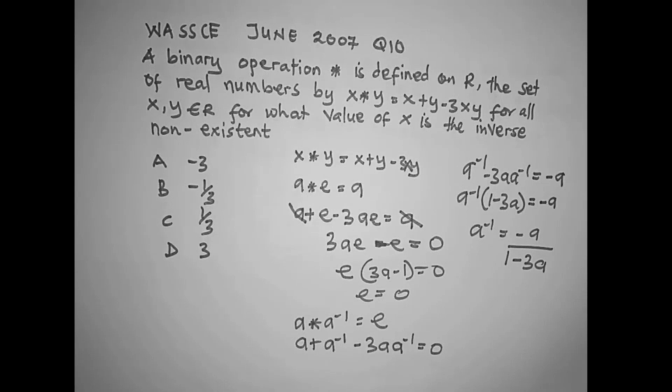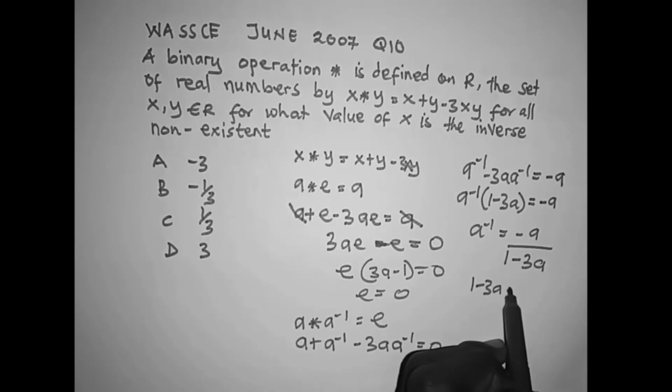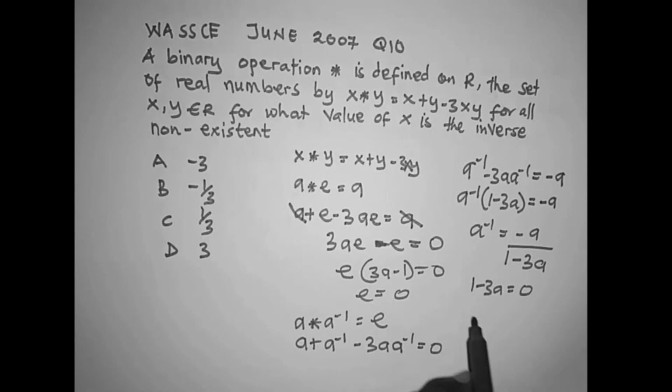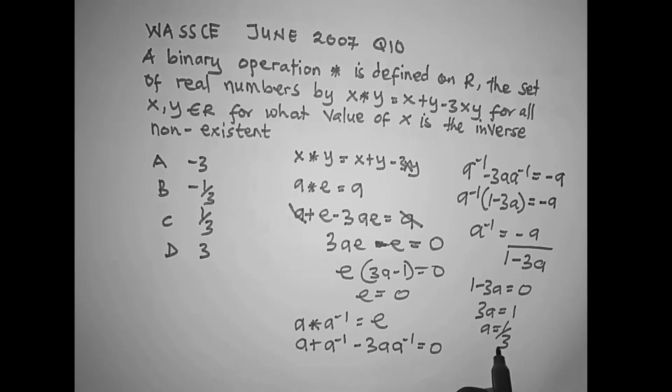That is the value of A inverse. Now, for what value of A will the inverse be non-existent? This will happen if and only if 1 minus 3A is equal to 0. So 3A is equal to 1 and A is equal to 1 over 3. So the answer is 1 over 3.